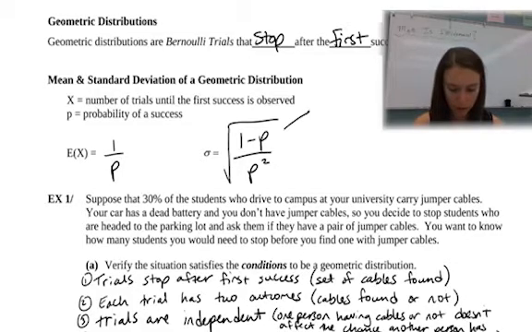So note, 1 minus P is the probability of failure, because P is the probability of success.